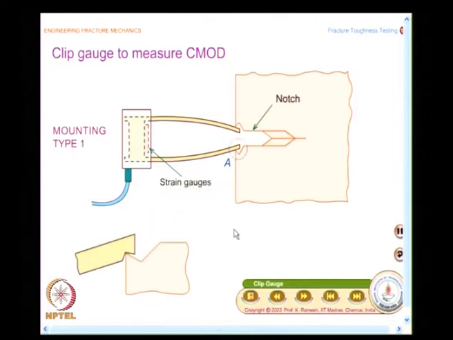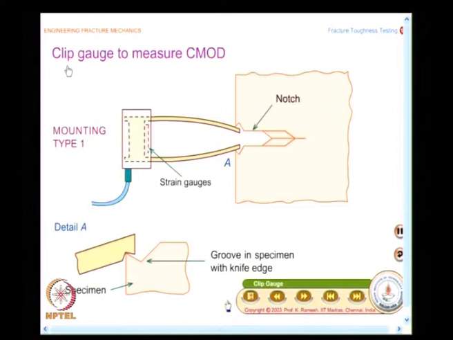When you say you have to measure the load displacement, it is done by a clip gauge. People measure the crack mouth opening displacement. From one transducer you get the load, and from another clip gauge you get the crack mouth opening displacement. This is where it is mounted to the specimen.